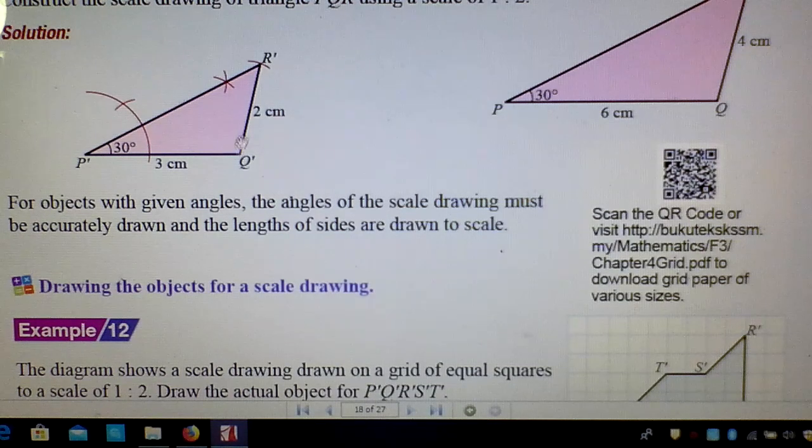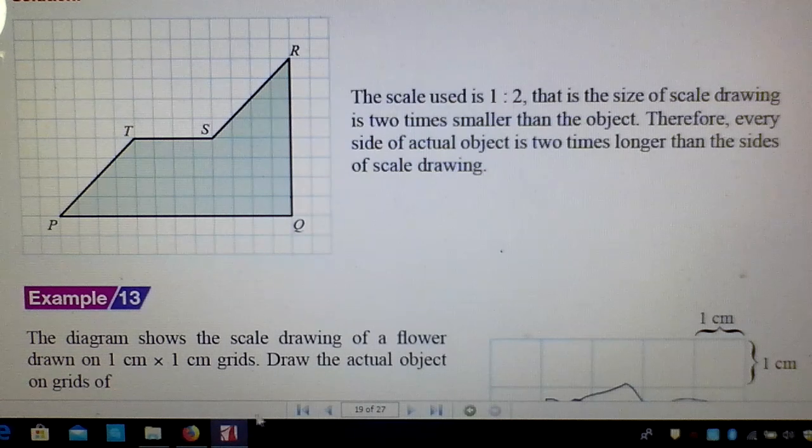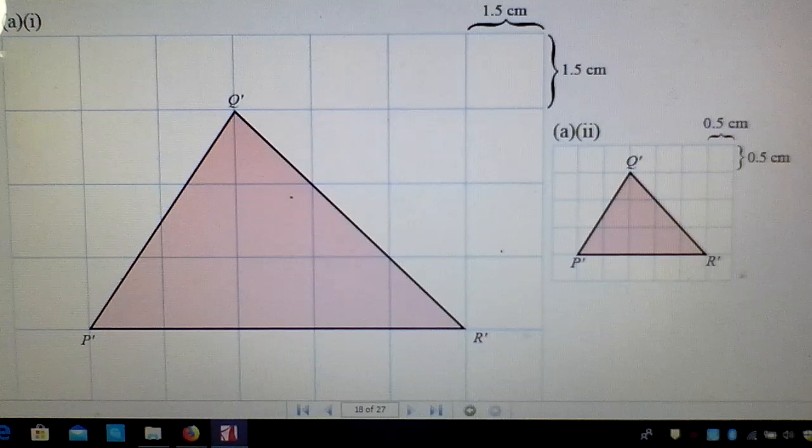It is proportional to each other. So you draw using the protractor and compass. You can create a construction line to show how you draw triangle PQR. The word construct here means you must show how you draw using compass and ruler. You want to draw in the below part.